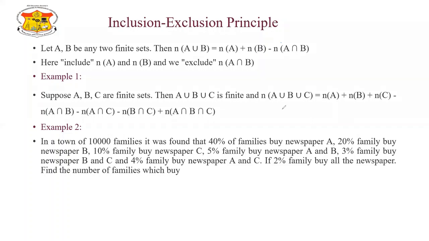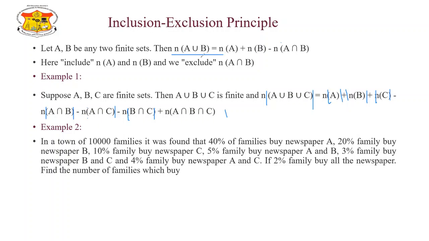We can write: mod of A union B union C is mod of A plus mod of B plus mod of C minus mod of A intersection B, minus mod of A intersection C, minus mod of B intersection C, plus mod of A intersection B intersection C. So this is the formula for three sets, and the earlier one is the formula for two sets.